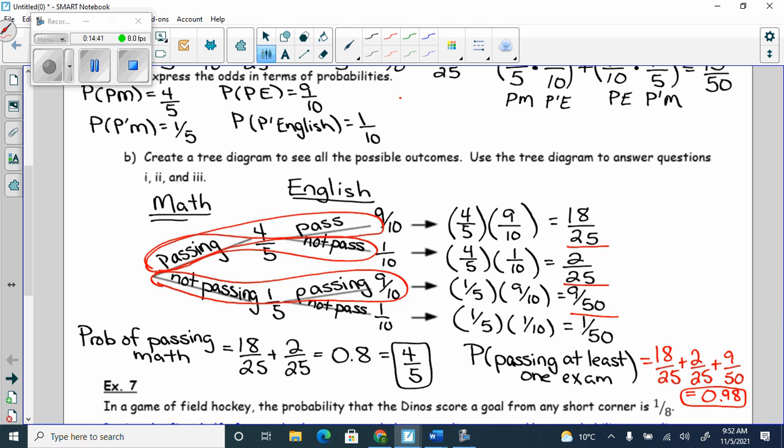And it should be 0.98 because the only one that isn't counted is this one, the 1 out of 50, right? And what should total probability add to? 1. So if I go 1 minus the only case that doesn't count, 1 out of 50, I get 0.98. I get the same answer, correct? So I can either add up all the cases that do fit, or I can take 1 minus the cases that don't, and I'll still get 0.98. All right?